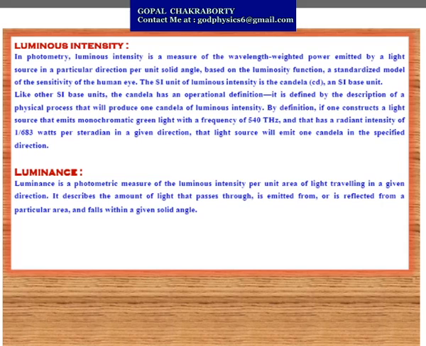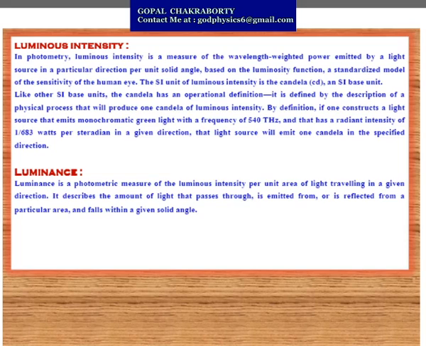So what is luminance? Luminance is a photometric measure of the luminous intensity per unit area of light traveling in a given direction.